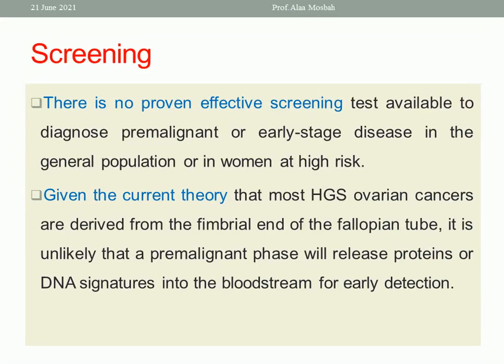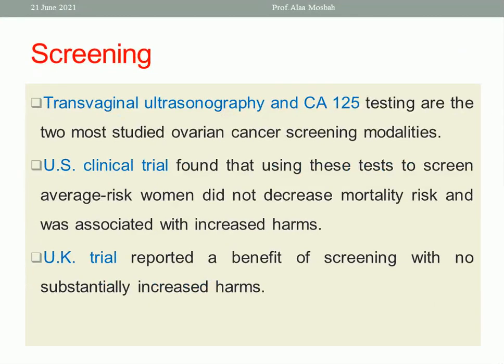How to do screening? Actually, there is no effective screening for ovarian carcinoma till now. However, we can use different methods for screening for ovarian carcinoma, like CA-125 and ultrasound. Okay, these are the most studied ovarian cancer screening modalities.